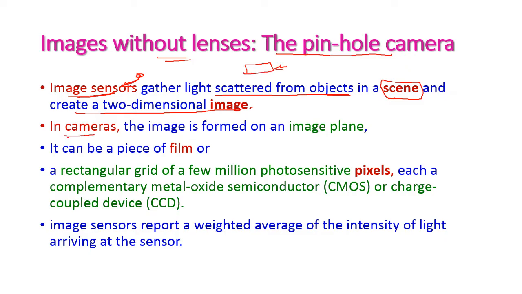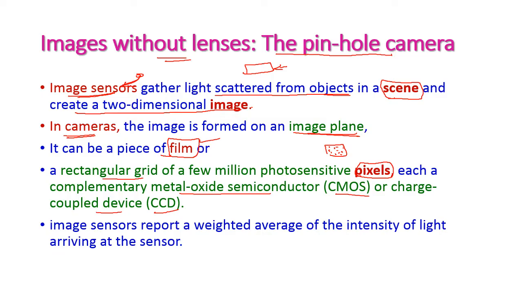Here in cameras the image is formed in the image plane. The plane may be the film roll or the pixels. The pixels mean a rectangular grid of a few million photosensitive pixels, which is because of CMOS or CCD. CMOS means complementary metal oxide semiconductor, and CCD means charge coupled device.